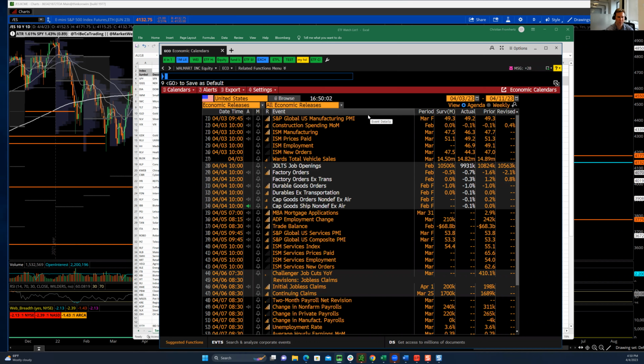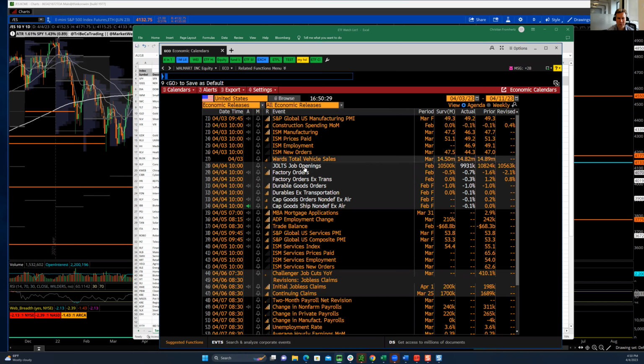Don't forget, tomorrow we'll get the ISM services number. That has been coming in much higher. They're expecting another pretty big reading again, so that could potentially flip things if this number comes in around that 54 number again, which is expansionary. But this together with the JOLTS job openings, which came in, so I guess there's fewer job openings.